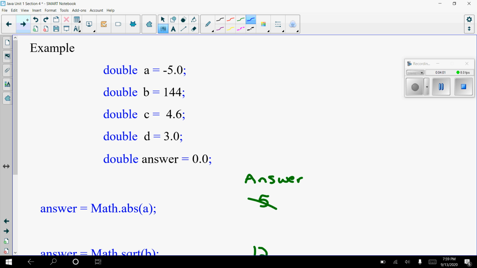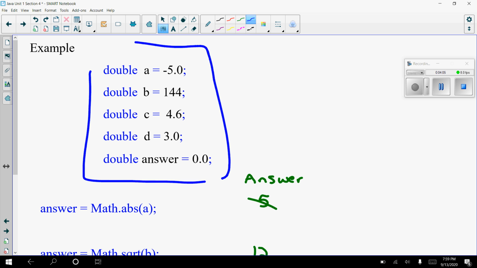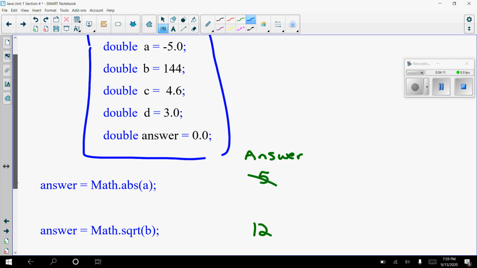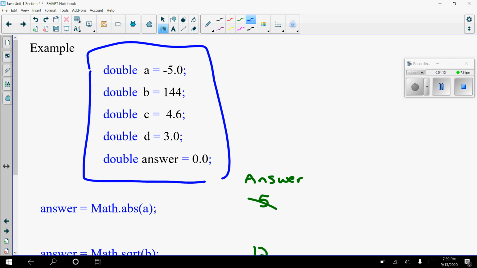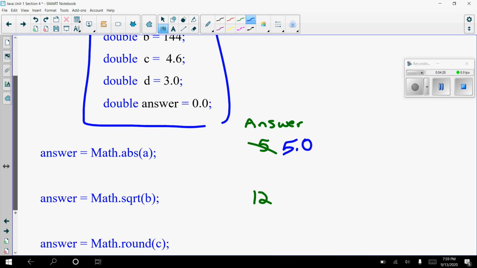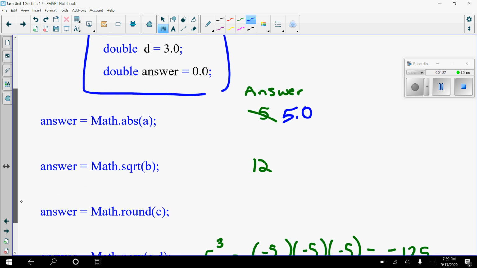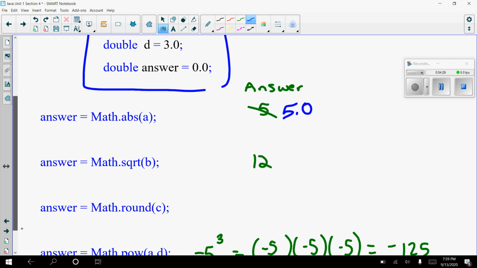All right, so here's some examples. Notice we're defining some of our variables here. The first one is asking for the absolute value of A. A was negative 5.0, so the absolute value would be 5.0. Square root: remember B up here was 144. The square root of 144 is 12.